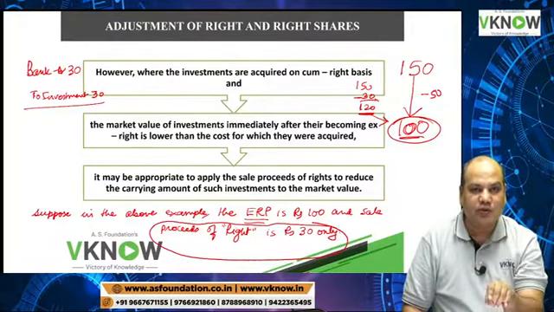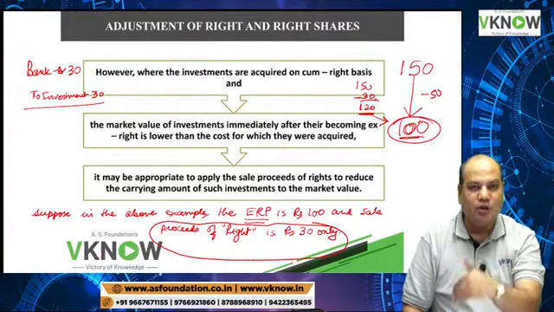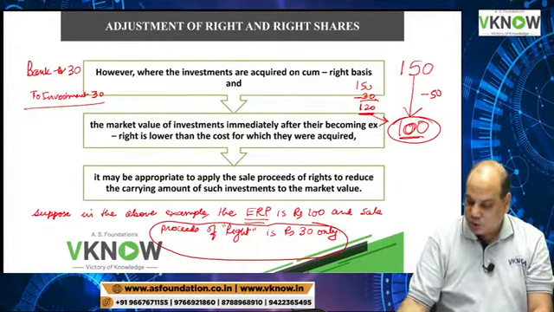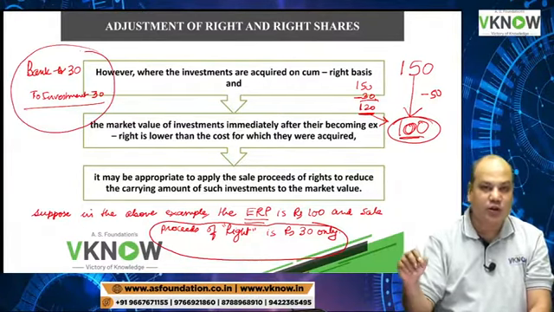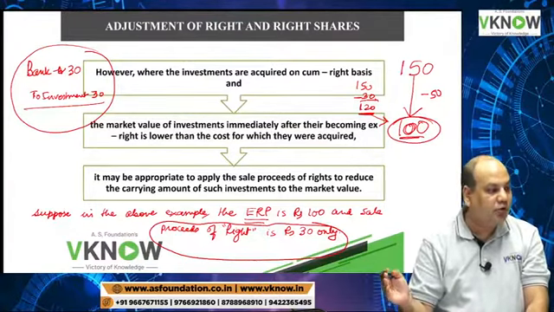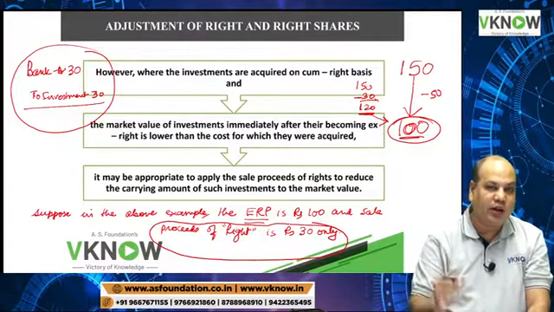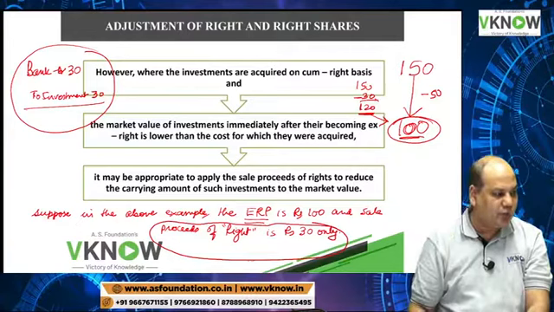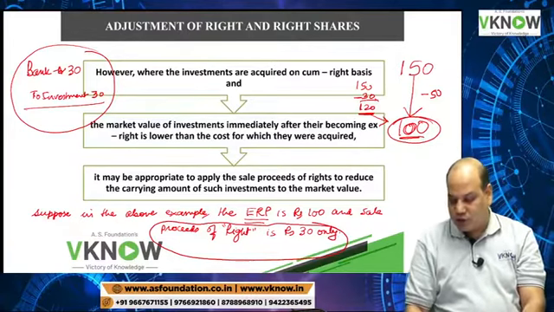If this decline is temporary, don't do anything. If the decline is permanent, you have to make a provision for 20 rupees loss. So I am not passing any entry after this because it depends on current investment or long-term investment. In case of long-term investment, whether decline is temporary or permanent, that discussion we already had on the first day.